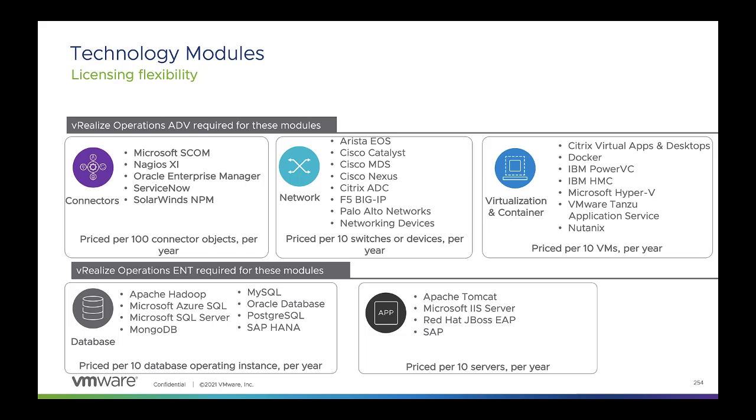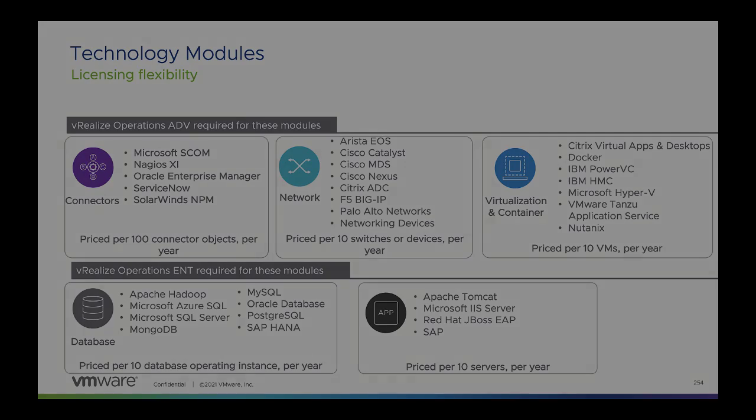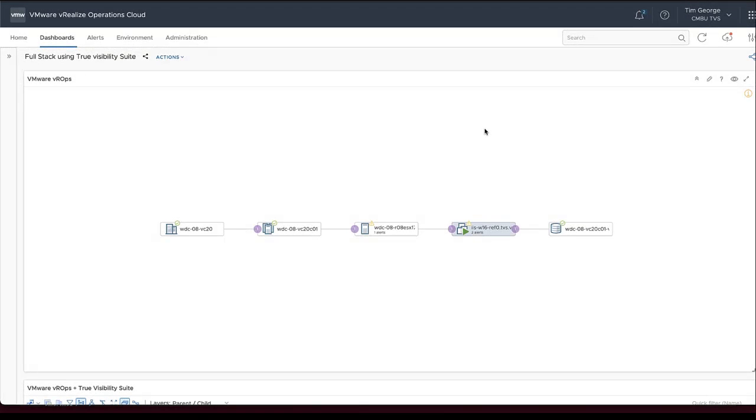At this point, let's go ahead and jump into vRealize Operations just to show a quick demo of one specific dashboard, just to get a feel for what some of these management packs look like once they're installed and configured. I just want to show a quick dashboard here that shows a little bit of the graphical relationships between objects in vRealize Operations. So the top portion here, we have our data center, our cluster, our host, our virtual machine, and our data store.